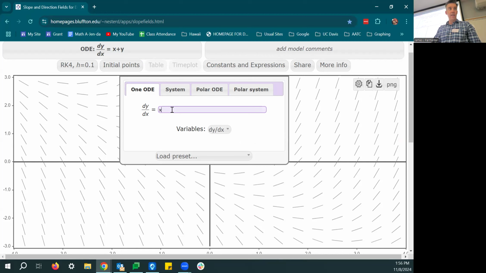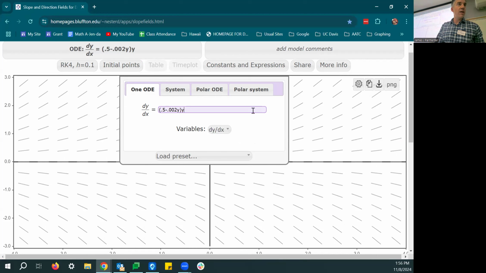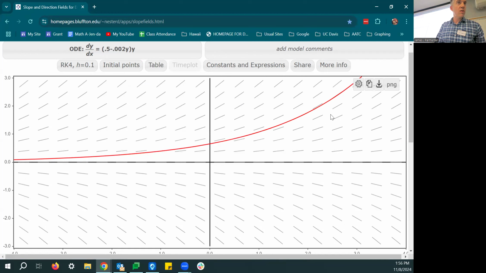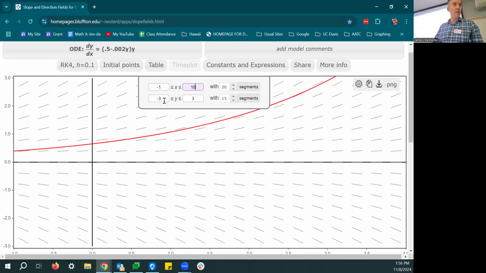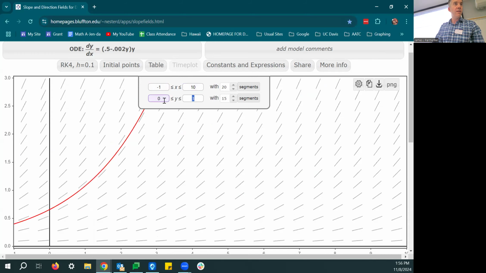So I want dy/dx to equal 0.5 minus 0.002 y times y. It shouldn't really matter what my x range is, but I'll go from -1 to 10. My y is going to go from 0 to 250.